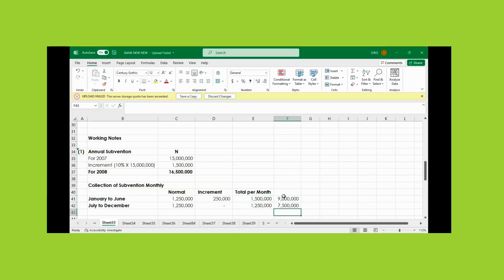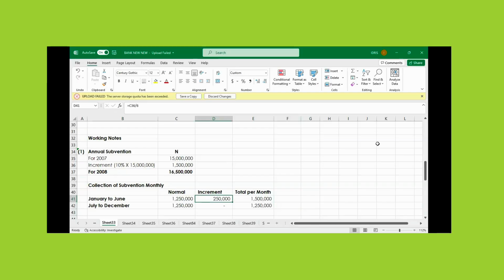No, sir. Please, can you go back over this increment? How you got the increment, sir? The increment is very simple. 1.5 divided by what? Because they say the increment is going to be received for the first 6 months. That means that 1.5, we are going to divide by 6 months.